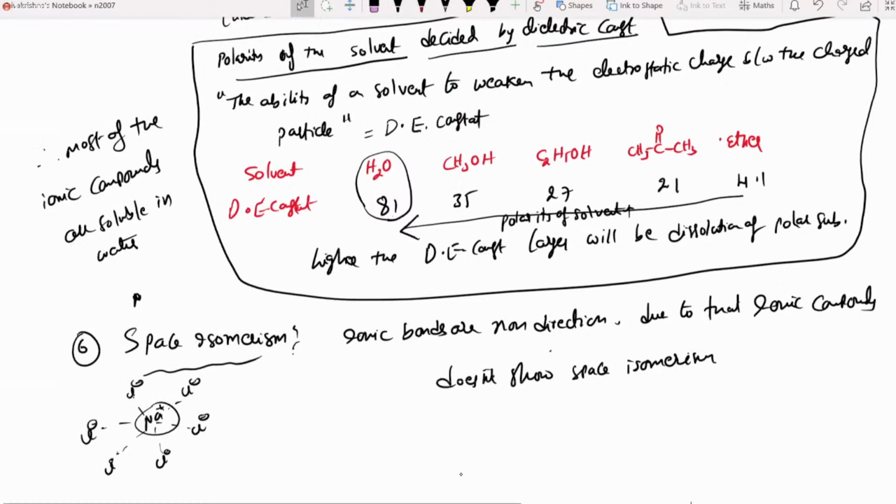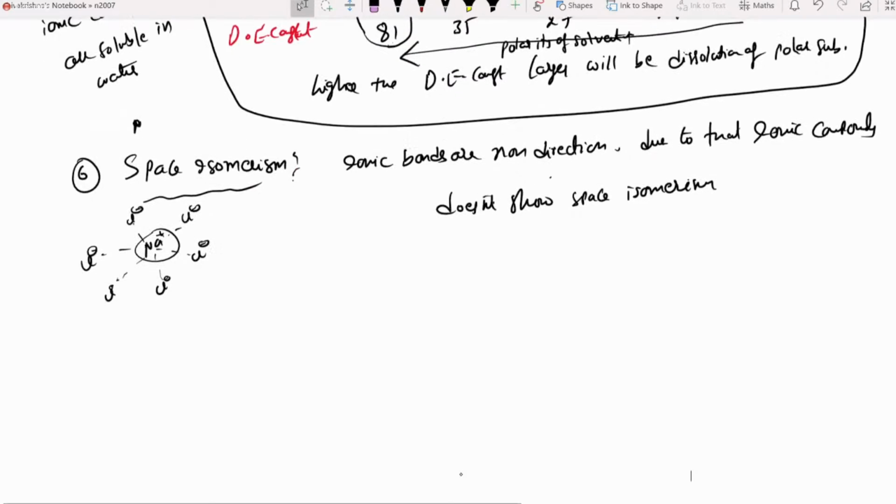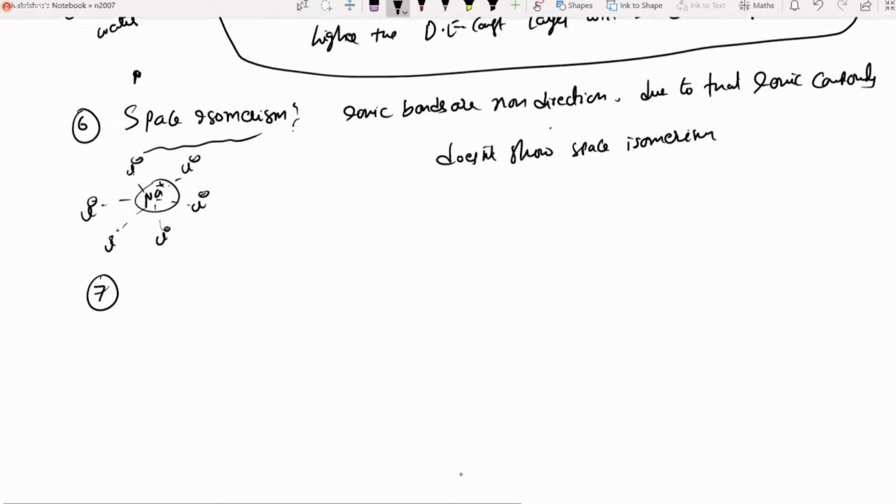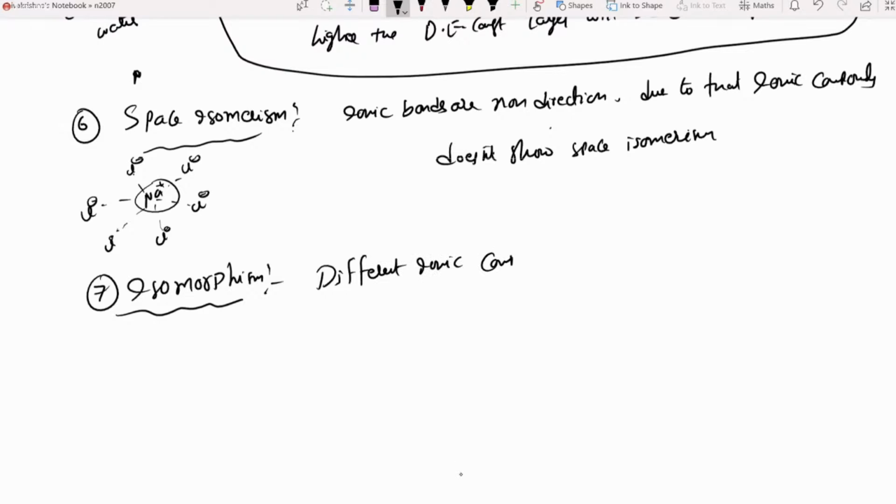Next one. Seventh one: isomorphism. Sir, what is isomorphism? Isomerism means same molecular formula but different arrangement.